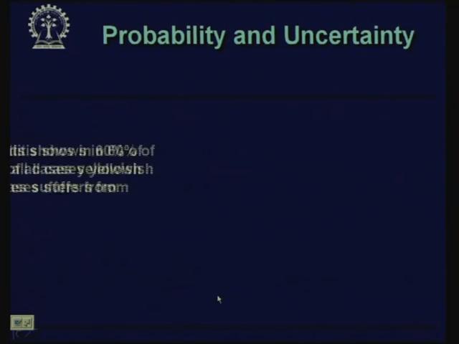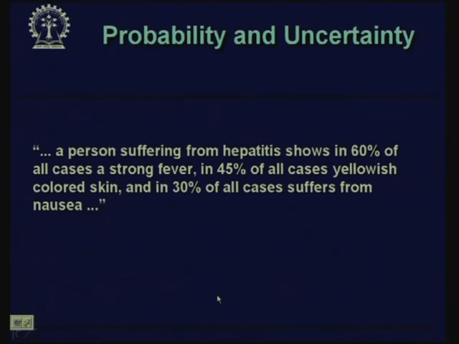Now, again, in order to bring out the difference between probability and uncertainty in terms of the imprecise, fuzzy, vague aspects that we are talking about today, we can look at this sentence. A person suffering from hepatitis shows in 60% of all cases a strong fever. That means, in 60% of all cases, so this is rather probabilistic, but what is imprecise? Strong fever. When do you call a particular fever or temperature strong?